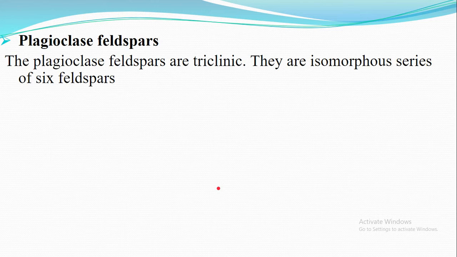Now plagioclase feldspars are triclinic in crystal system. They form an isomorphous series. Isomorphous series means their forms are the same but chemical compositions are different. In quartz, we discussed that they are polymorphs of SiO2.